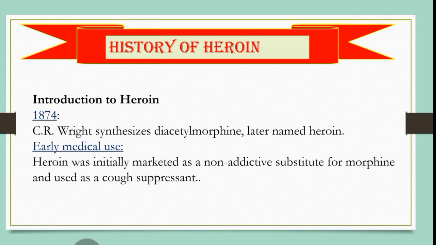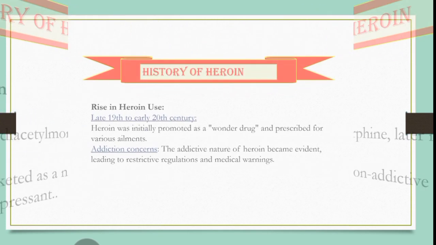Then we discuss 1874. In 1874, morphine was synthesized into diacetylmorphine, 6-MAM, later named heroin. Heroin was initially marketed as a non-addictive substance. Then people used it as a drug, and it became an addictive substance.